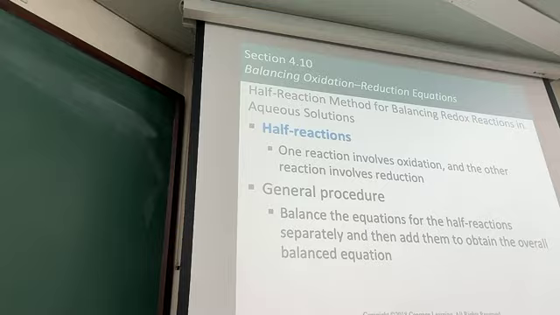So if we want to make sense of these half reactions, we should add some other elements to the reaction equation to balance this one. First of all, we can start adding water to the reaction.